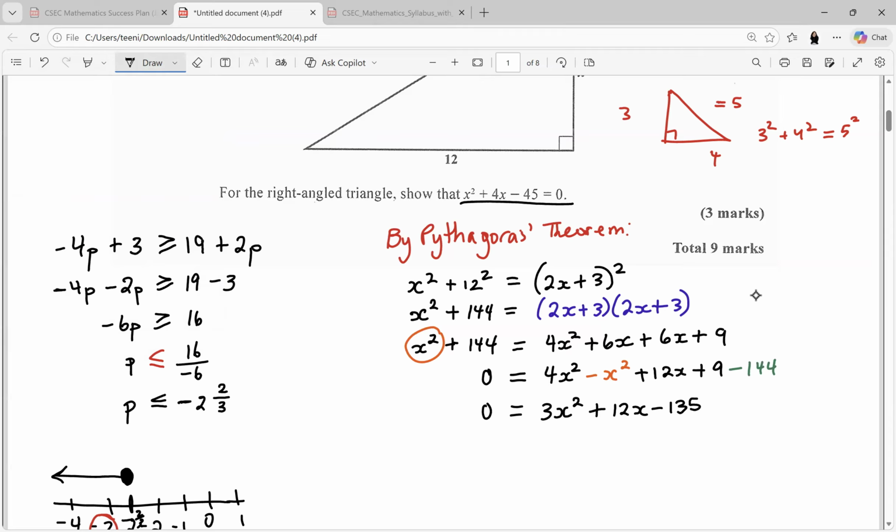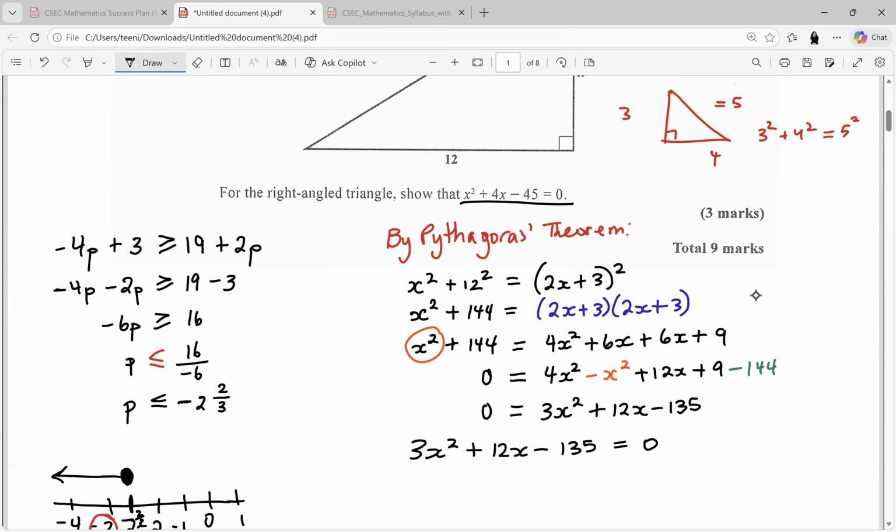So I could actually now flip it and just write this as 3x squared plus 12x minus 135 is equal to 0. This is the same thing here, right?